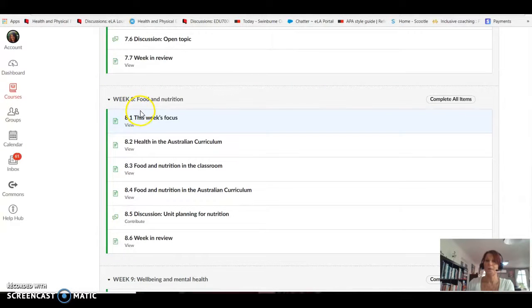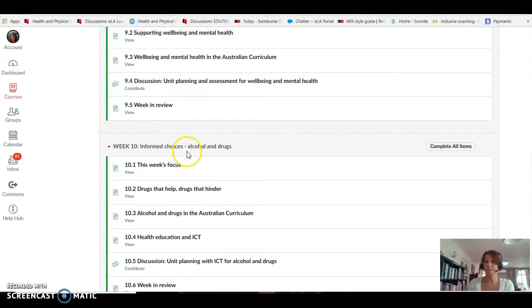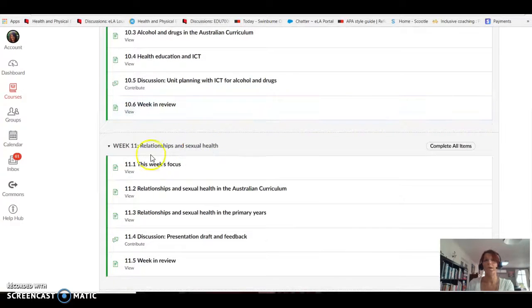So assignment 3 will address a unit of work based on one of 4 focus areas: food and nutrition, well-being and mental health, informed choices, alcohol and drugs, or relationships and sexual health.